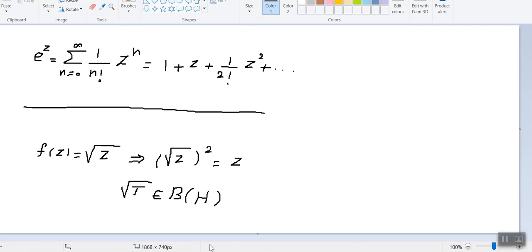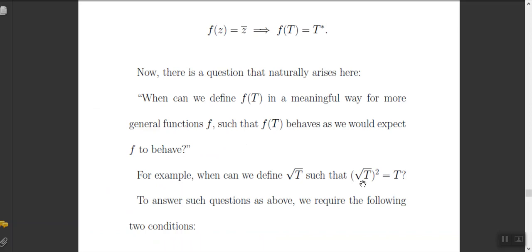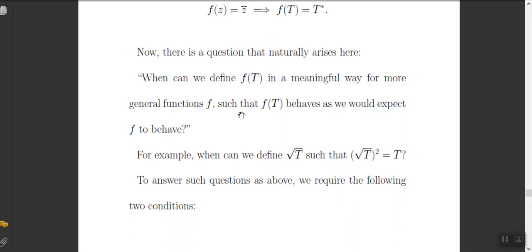It means we want the square root of t, squared, to be equal to t. To do this, we need some condition. When we define f of t for more general functions, such that it has the same property as the function that we have in calculus, of course we need to consider some condition.